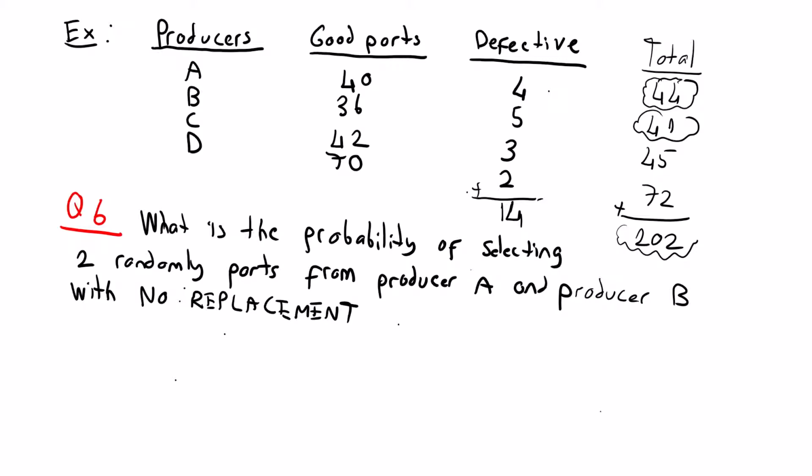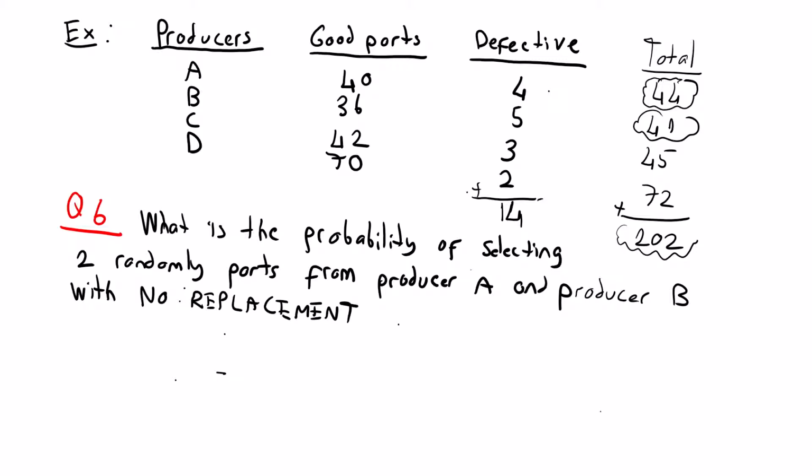When you go for the second draw, the remaining items will be 202 minus 1, so that becomes 201, because in your first attempt you already picked up an item out of 202 units and kept it. So you end up dealing with 201 units.